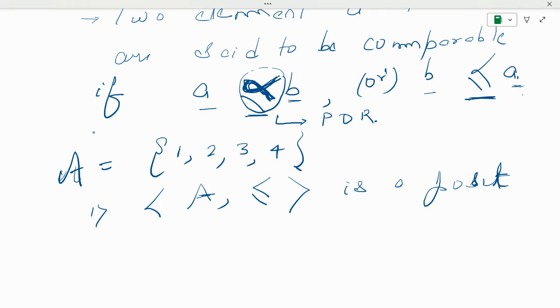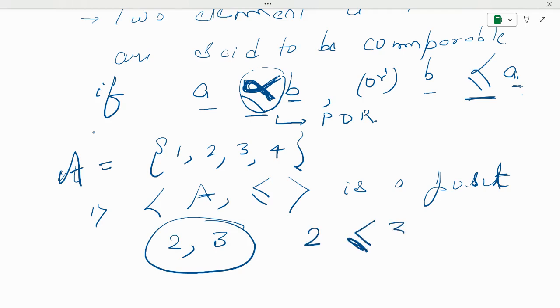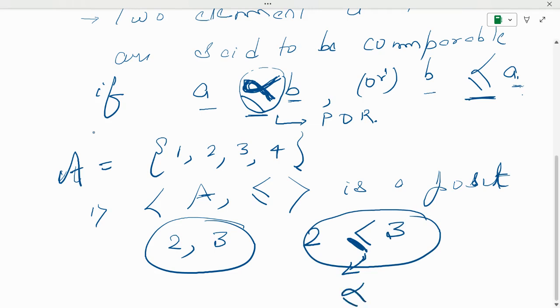So let's say two elements, 2 and 3. If we take 2 and 3, 2 is less than or equal to 3, right? So 2 is less than 3, so we can say that 2 and 3 are comparable.